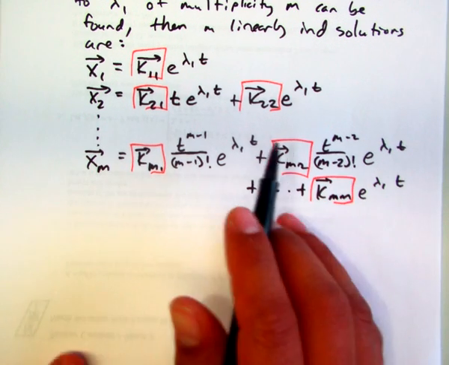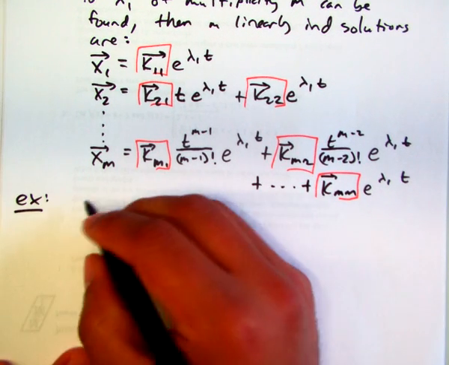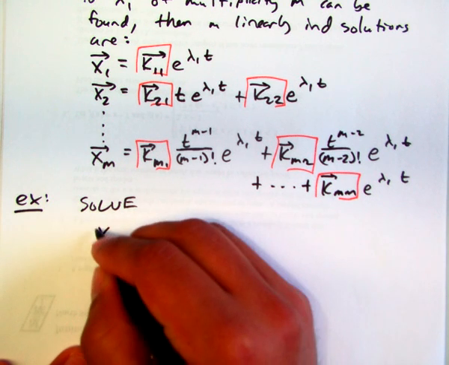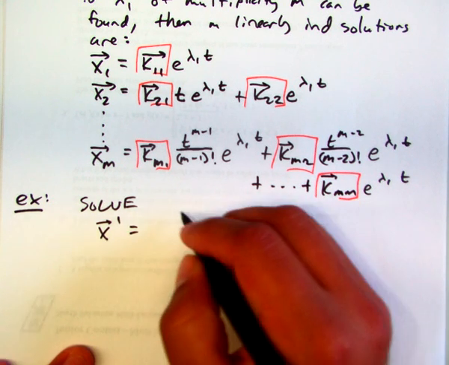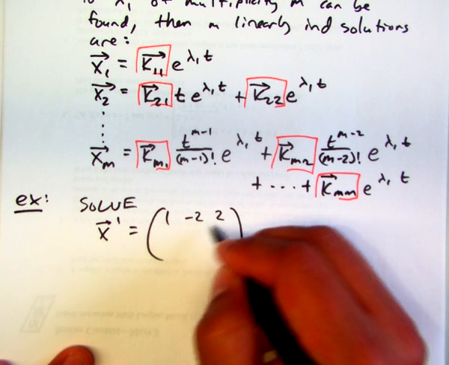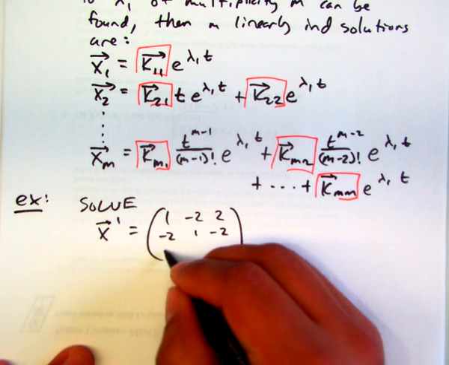Okay, so let's say we have the system x prime equal to, and let's just already write it in this form, 1, negative 2, 2, negative 2, 1, negative 2, 2, negative 2, 1 times x.